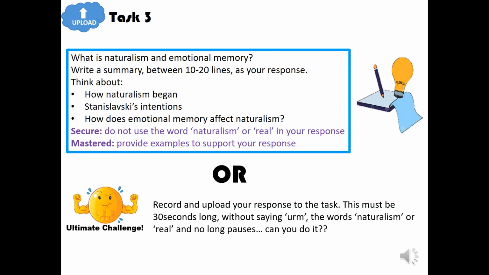Record a response, and your response must be no longer than 30 seconds long. You can't say naturalism, and you can't say real, and there should be no long pauses. Can you do it? Of course you can. In fact, I can think of someone who probably could do this task.